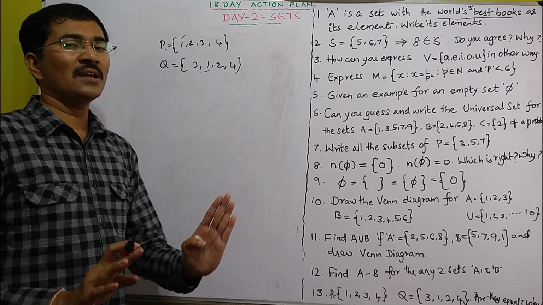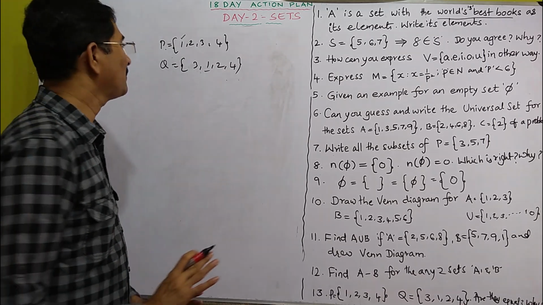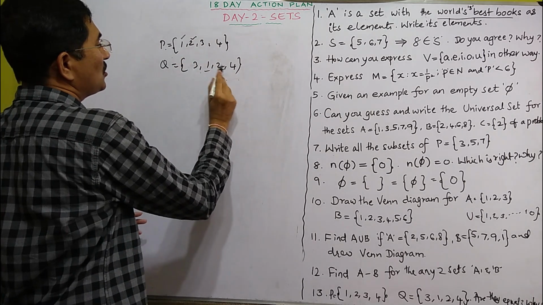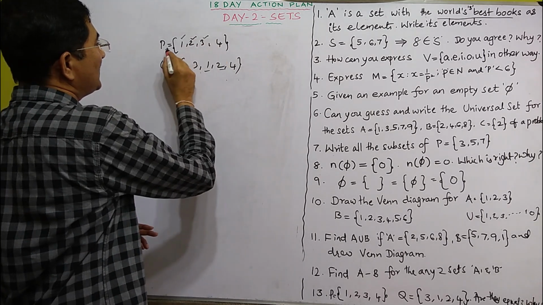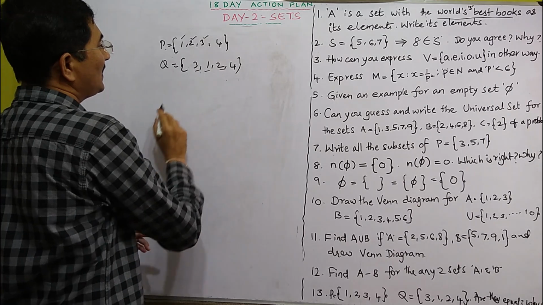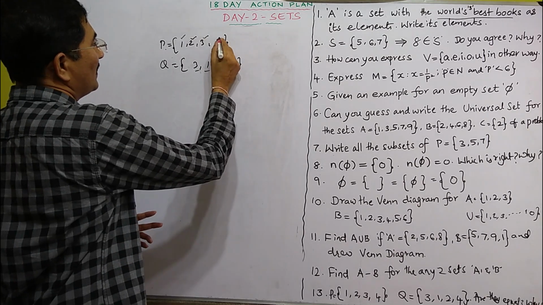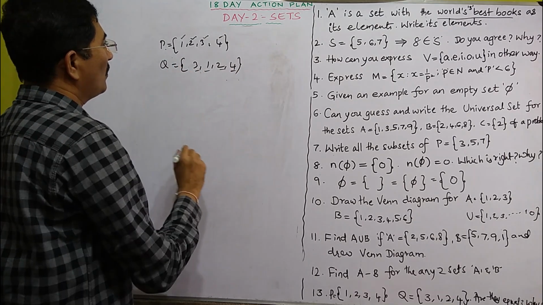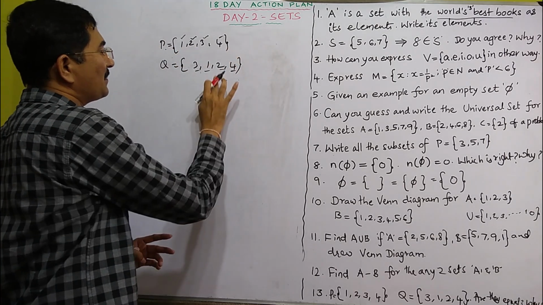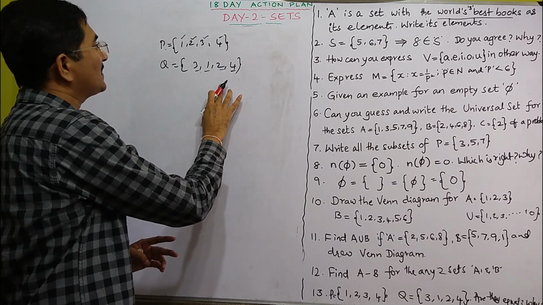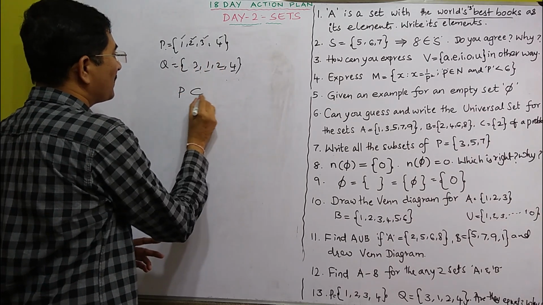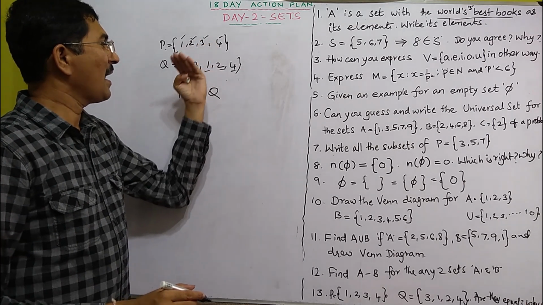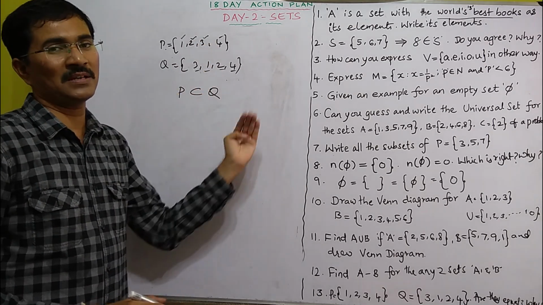All that matters is whether it is present or not. 2 that is present in P is also present in Q. 3 that is present in P is also present in Q. 4 that is present in P is also present in Q. Now all the elements present in P are present in Q. That means we can write P is a subset of Q. Yes or no? Therefore P is a subset of Q.